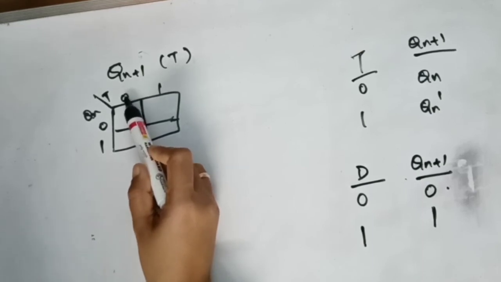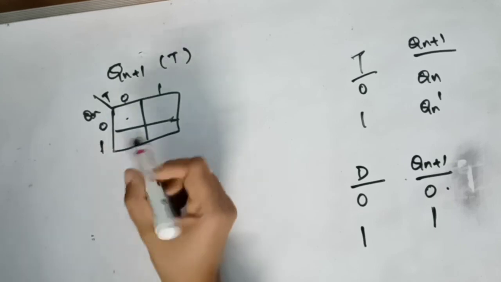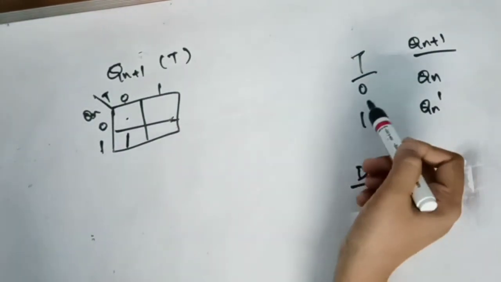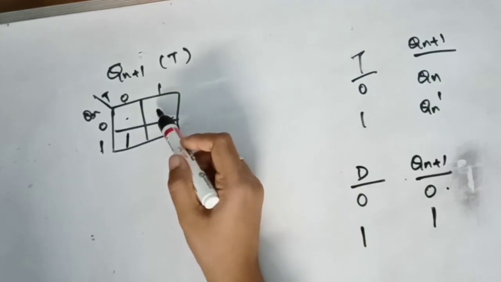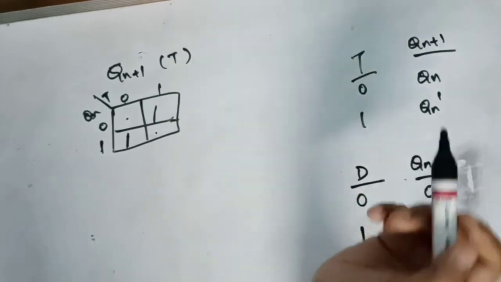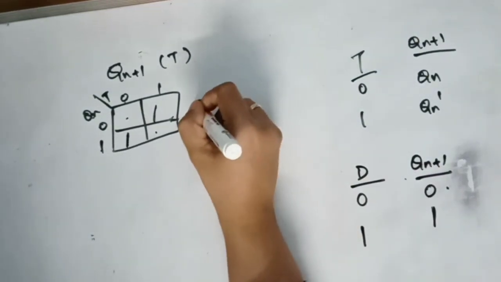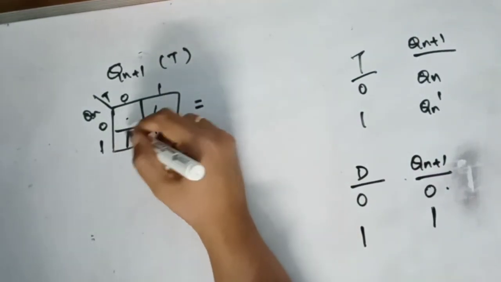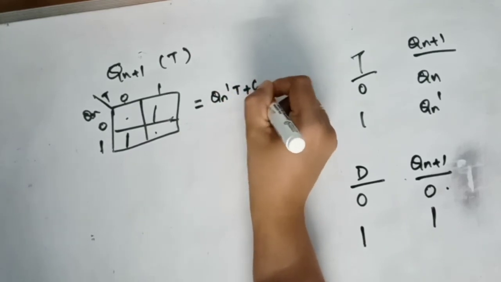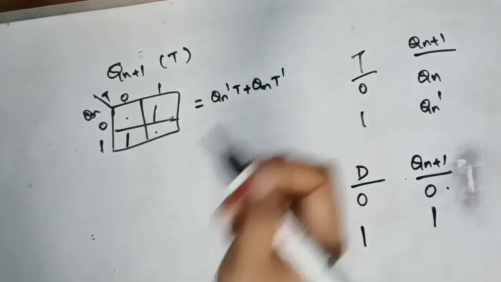T equal to 0 and Qn equal to 1, Qn plus 1 is 1. T equal to 1 and Qn equal to 0, this is 1 and this is 0. So this will be equal to Qn bar T plus Qn T bar.